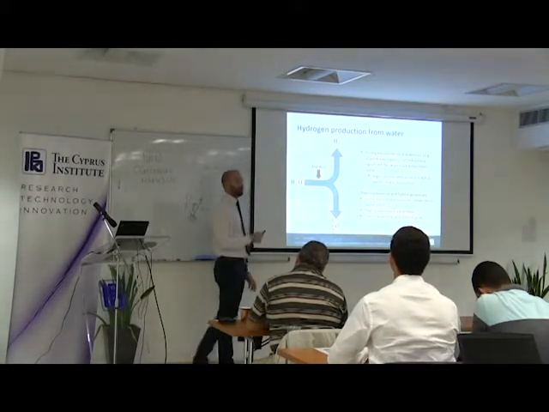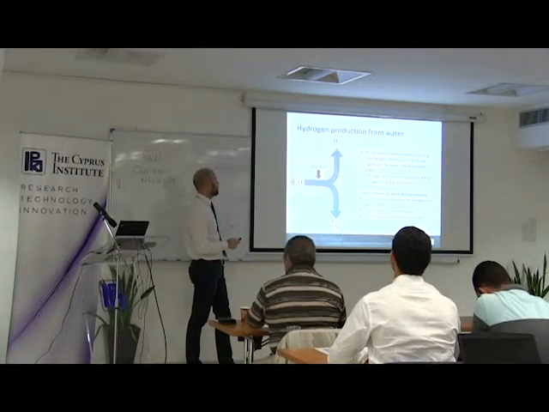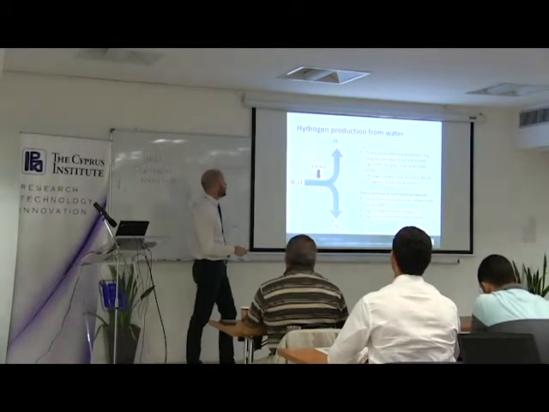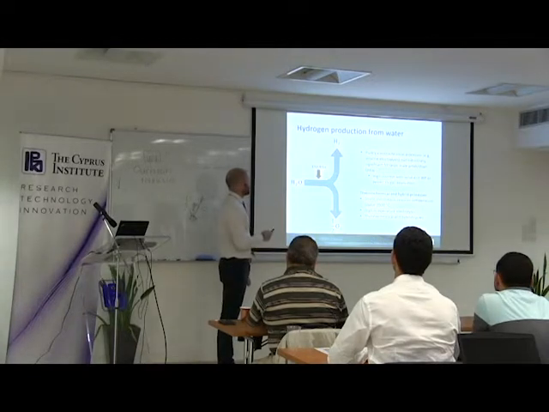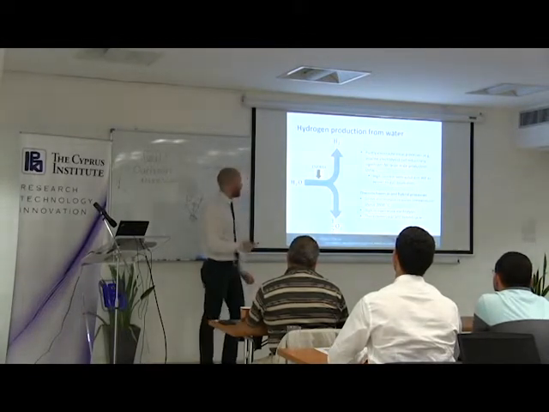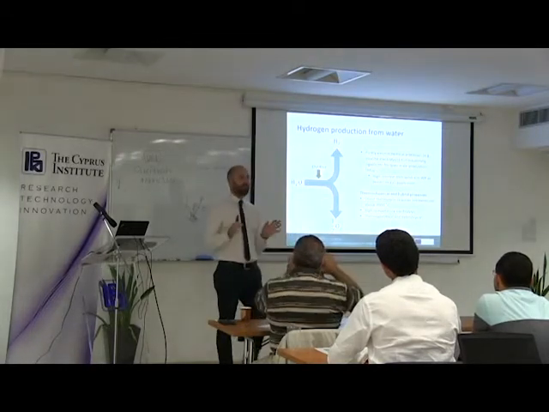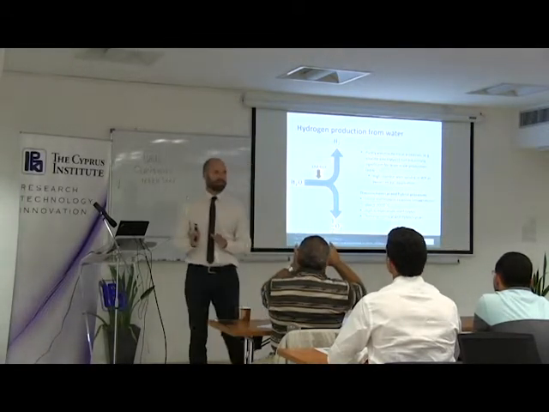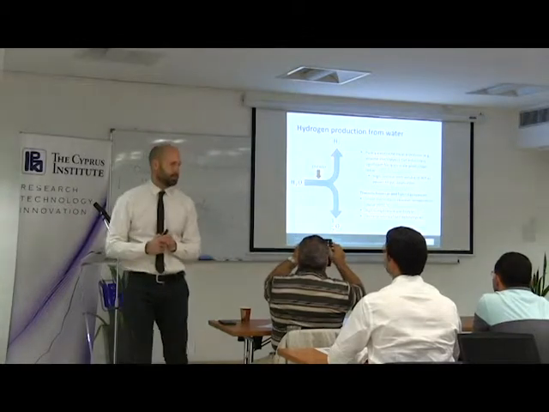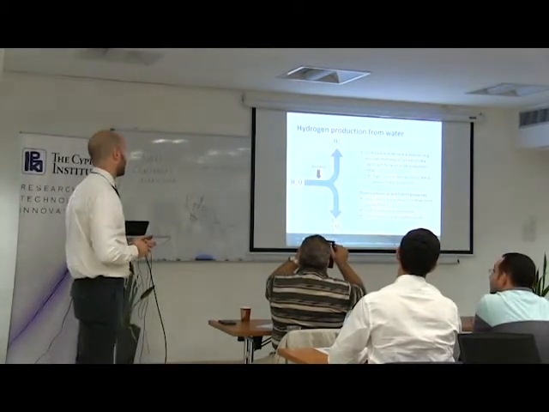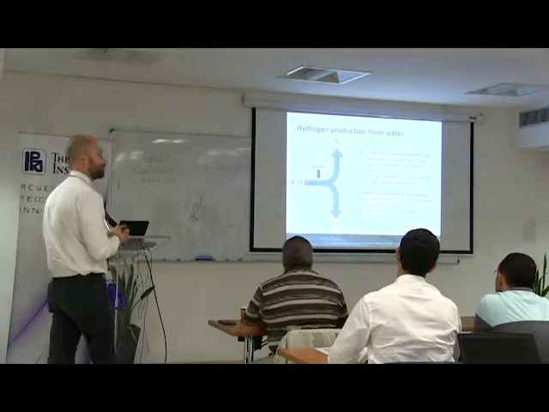This is called water splitting. You split two molecules of water into two molecules of hydrogen and one of oxygen. This requires energy, as we said. This is possible through purely electrochemical processes, like electrolysis. This is a rather old process from the scientific point of view.